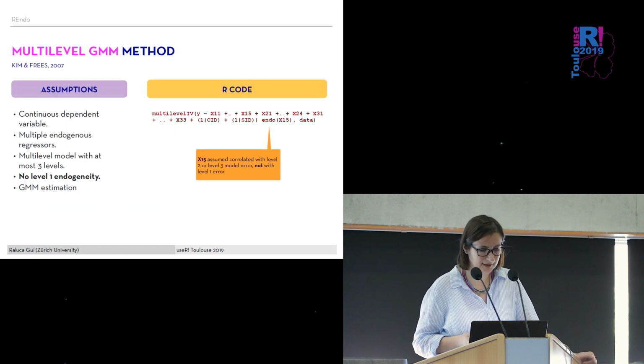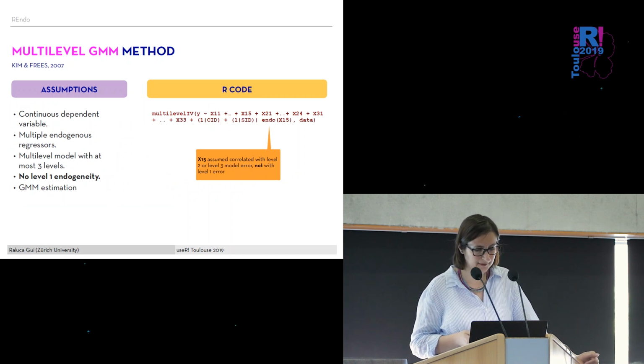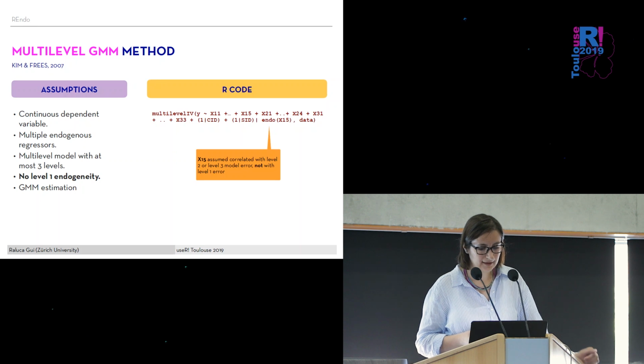The last model in REndo is the multilevel GMM method proposed by Kim and Frees in 2007 in Psychometrika. Multilevel models are, for example, when you have children embedded in classes embedded in schools.